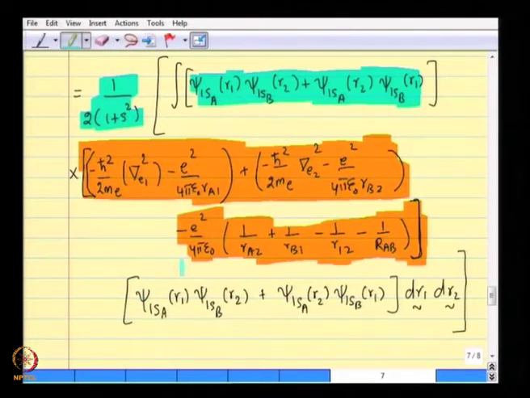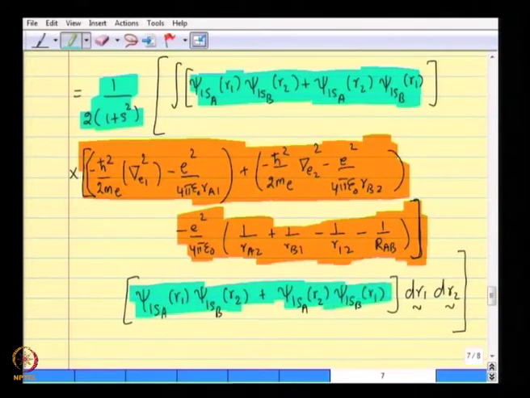And the normalization constant is already there in the form of 1 by 2 into 1 plus S squared. So this is the integral that we wanted to calculate, and at this point I stopped.